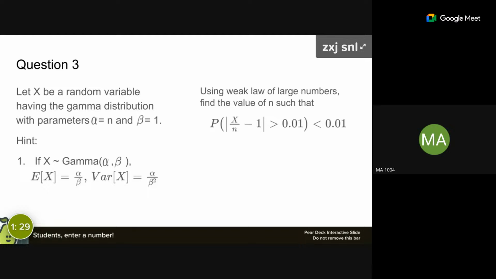So if there are n independent exponential distributions with parameter beta, then the sum of your n random variables will follow a gamma distribution with alpha equal to n and beta as beta itself.